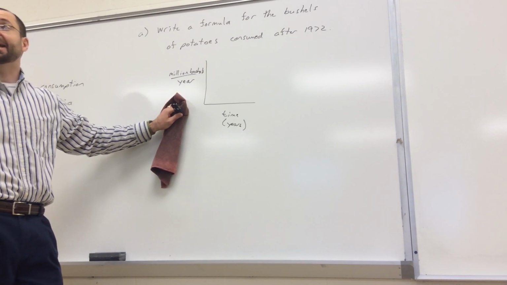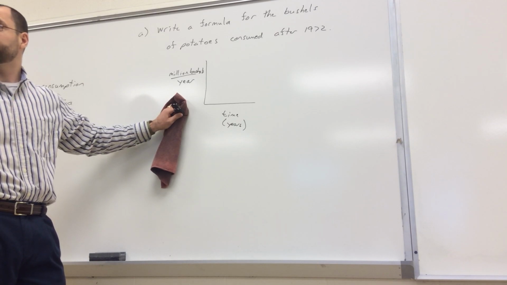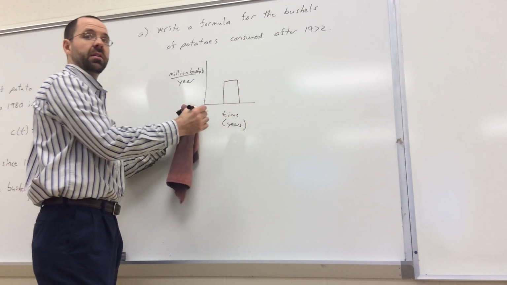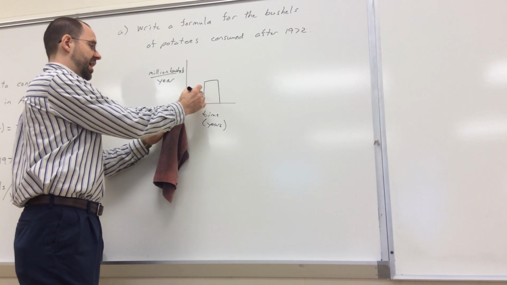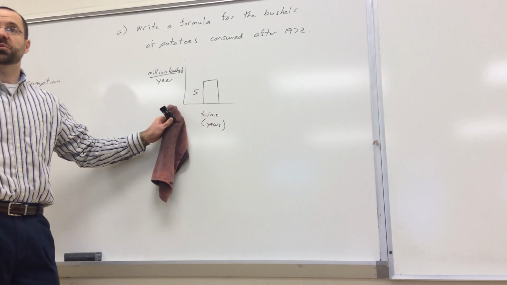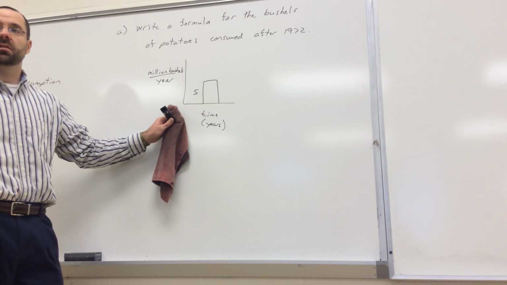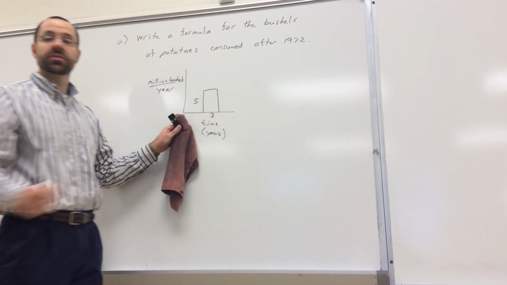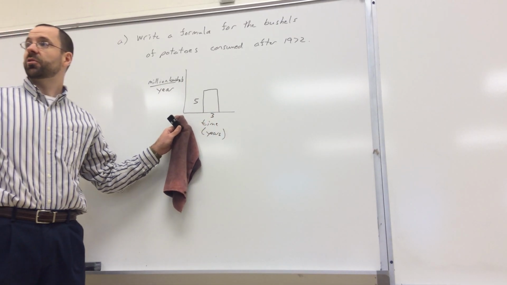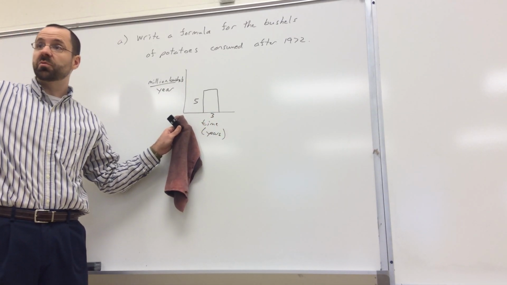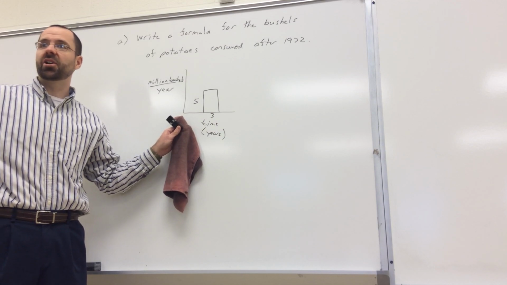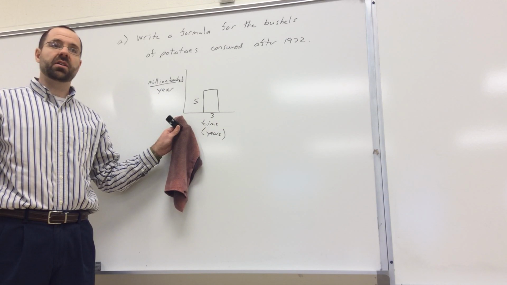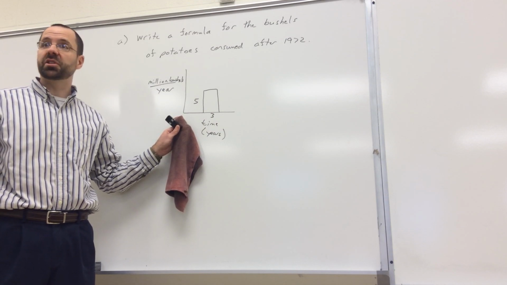So if I were to find the area on this graph, I'm just going to make some numbers up. Let's say the rate is 5 million bushels per year, and that goes on for a time period of 3 years. So if you consume 5 million bushels per year for 3 years, then you're going to end up consuming 15 million bushels, right?